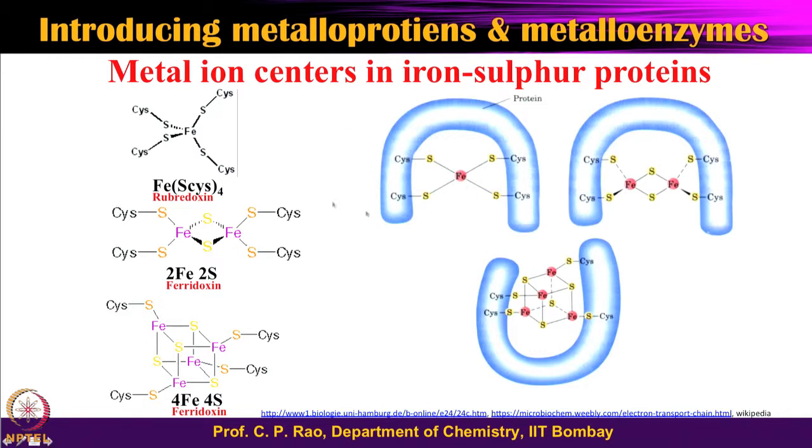I hope you understand the 1 iron iron sulfur protein, 2 iron 2 sulfur protein, and 4 iron 4 sulfur protein. In all these there are 2 types of sulfur linkages. One is from the cysteine sulfur; it would have been SH, called thiol, but the proton is lost, so it is called a thiolato bridge. The other is S2 minus, sulfido. How does one differentiate these? Take the protein and add some mineral acid like HCl.